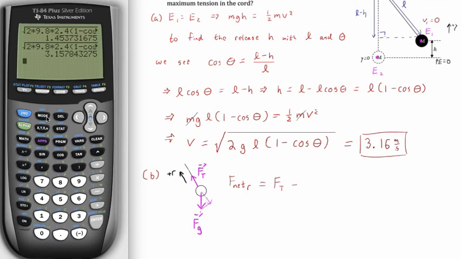I'll call these 2 components. This will be FG in the R direction, and this one here will be FG in the tangential direction, which is the direction of velocity, right? But it's tangent to the radius, or perpendicular to the radius.